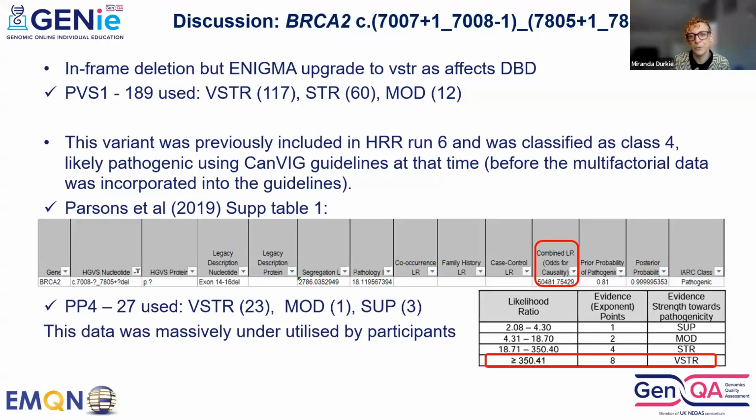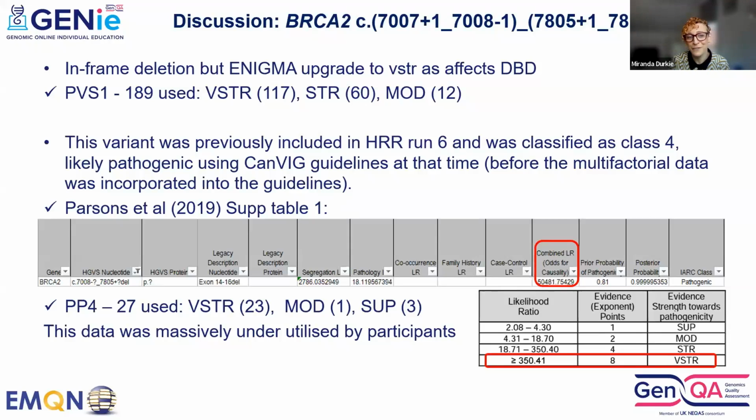And then the screenshot below shows from the CanVIG guidelines how you convert that likelihood ratio into evidence points and then into a strength. And you can see the cutoff for this is 350. So this variant is way in excess, there's a huge amount of evidence for this variant, and therefore we could apply it at very strong.